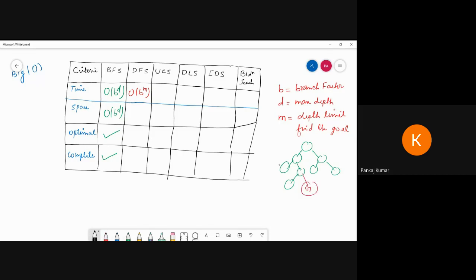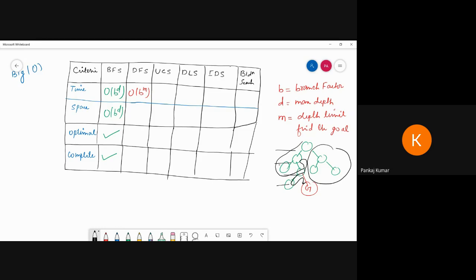Now understand, I can travel here, then there, then again back to travel here, then again back to travel here, and then get the goal here. So I can travel only up to this limit. I cannot explore this side. So that's why this is the m limit. So I'm writing depth limit to find the goal, that means m.